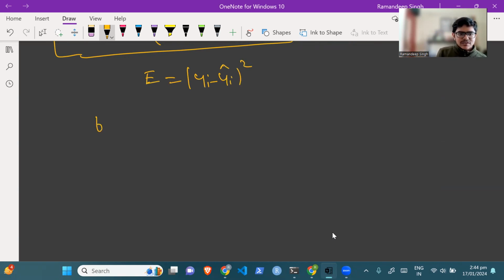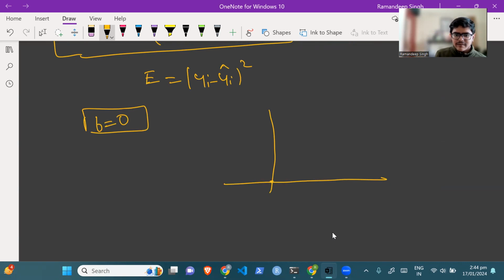Now suppose that my b is equal to 0, that is the intercept is equal to 0, and suppose this is my regression line, and these are my points.